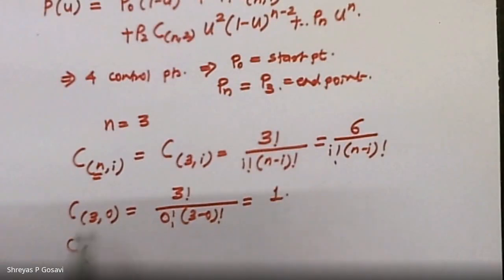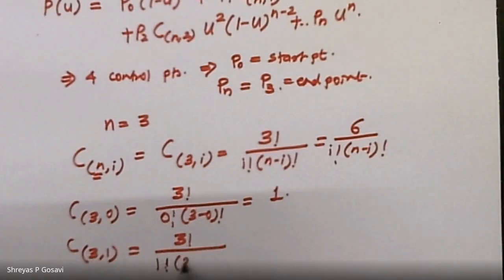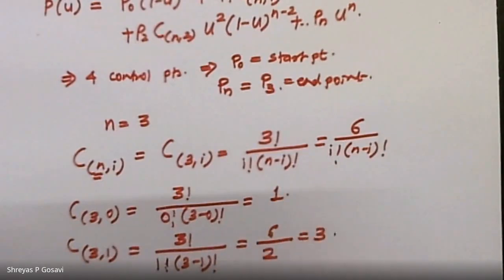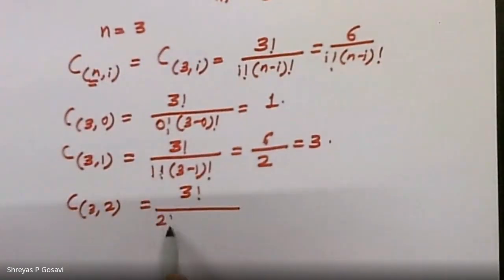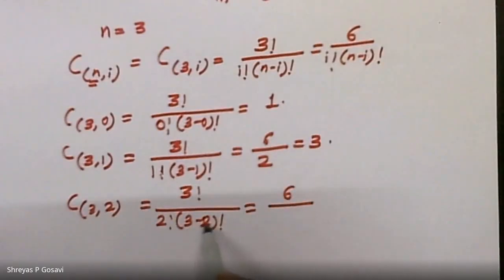Then the second coefficient will be C(3, 1), that is 3 factorial upon 1 factorial into (3 minus 1) factorial, that is 6 upon 2, so that is equal to 3. Then for i equal to 2, 3 factorial upon 2 factorial into (3 minus 2) factorial, that is 6 upon 2, so the value will be 3.